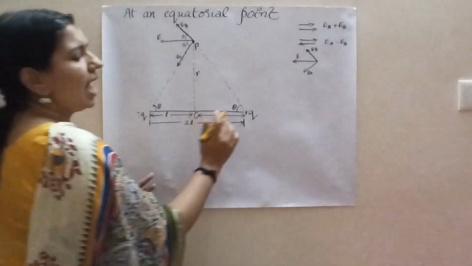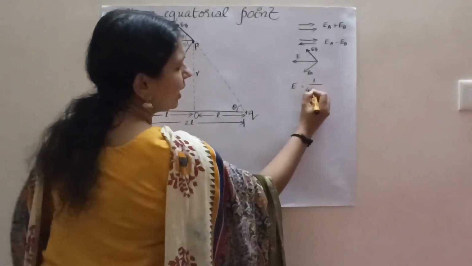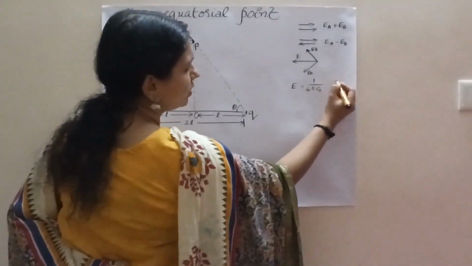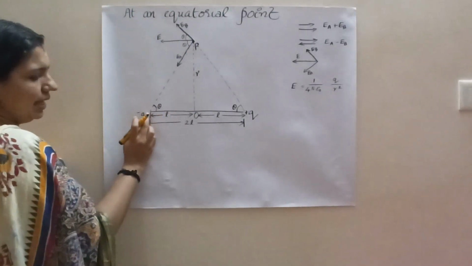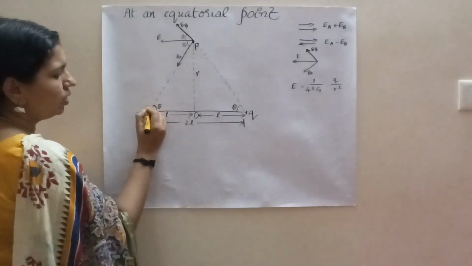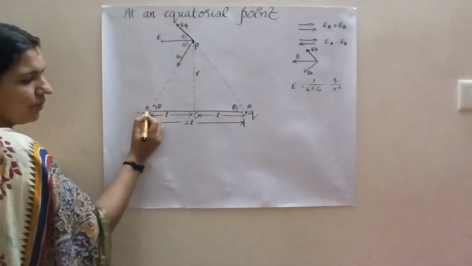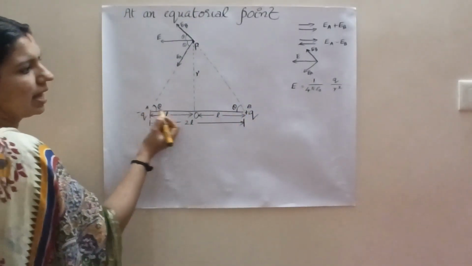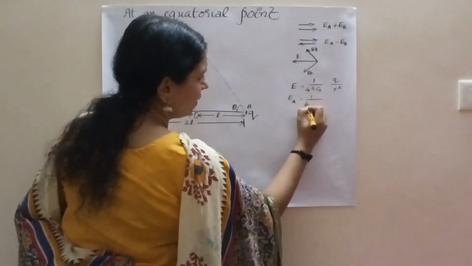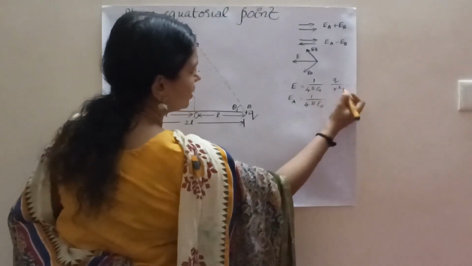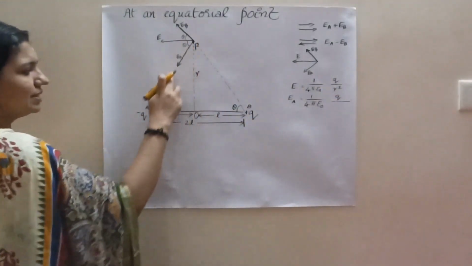But we have the general equation for electric field E equal to 1 by 4 pi epsilon naught Q by R square, right? So for EA, that means this is our dipole A, B. For EA, if I want to find the electric field, I have to write the equation as EA is equal to 1 by 4 pi epsilon naught Q divided by what is R square, this distance, right?